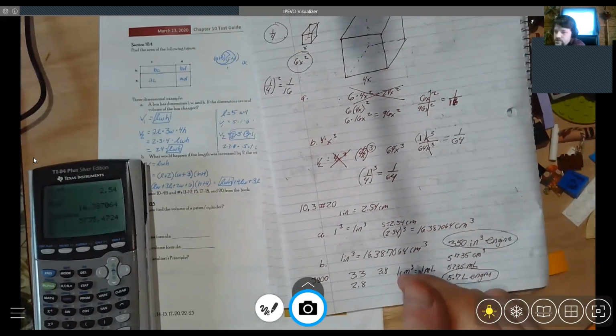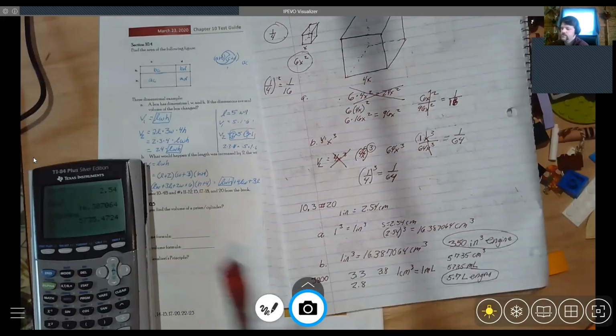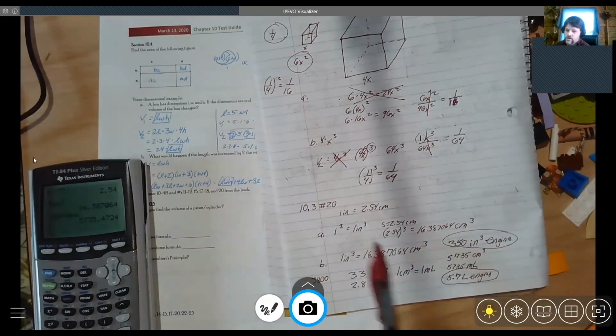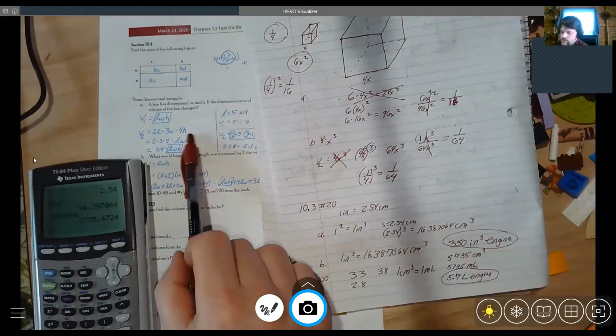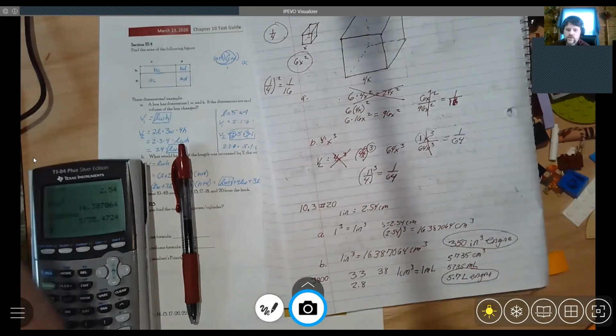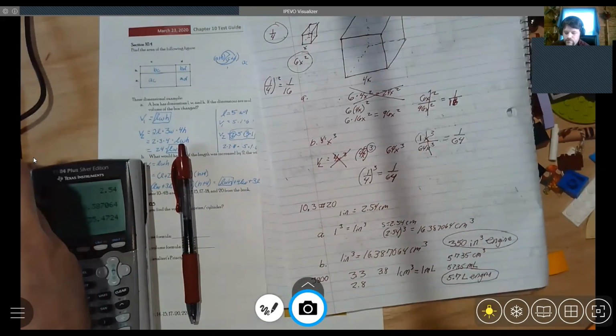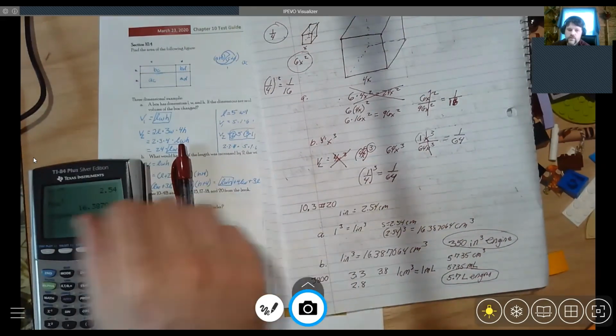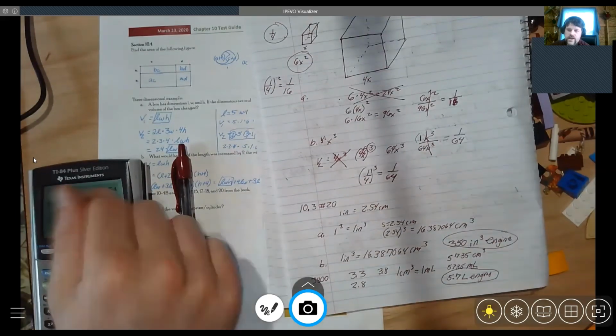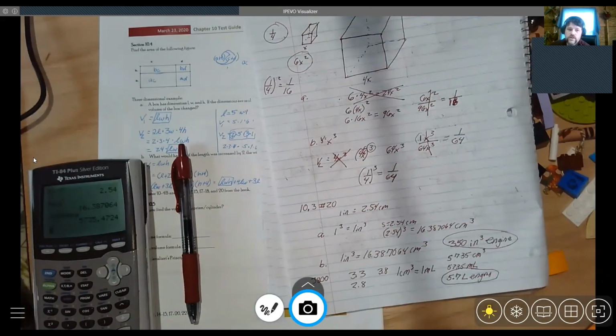Maybe that's confusing to you, but maybe some of you are making some sense of that. So that's just an idea of how cubic inches and cubic centimeters and their relationship relates to engines. Anyway, I think this video is probably long enough, so I'll do the 10.5 explanation in a separate video.